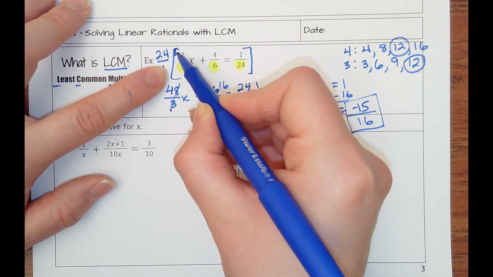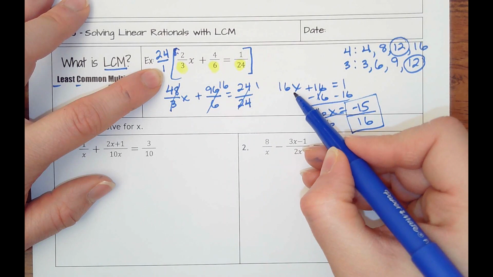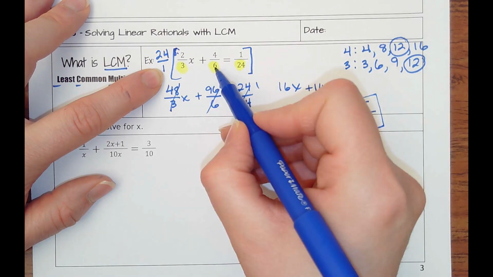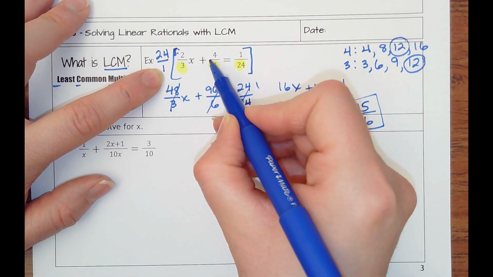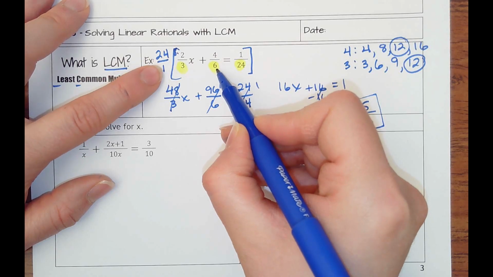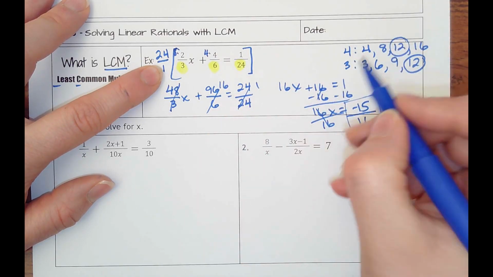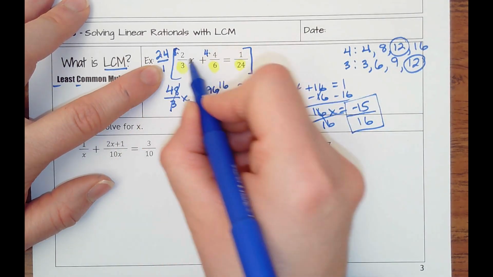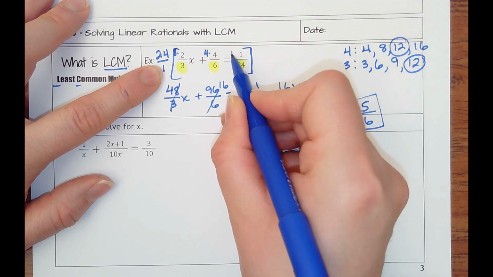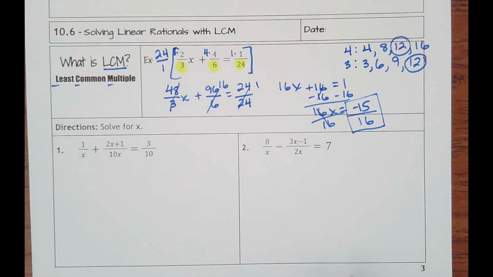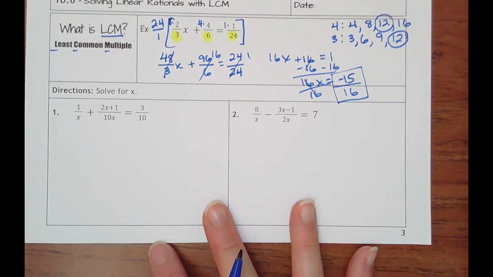And 8 times 2 is 16. Next one, I would do 24 divided by 6, which is 4. 4 times 4 is 16, and 24 divided by 24 is 1, and 1 times 1 makes 1. That's what we're going to try to do with algebra.